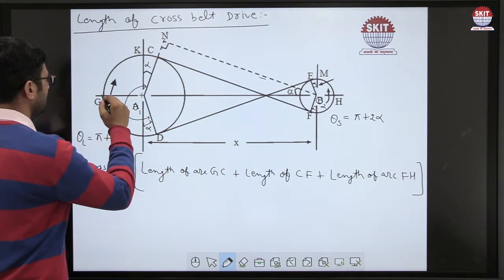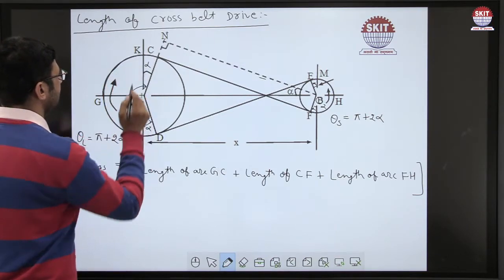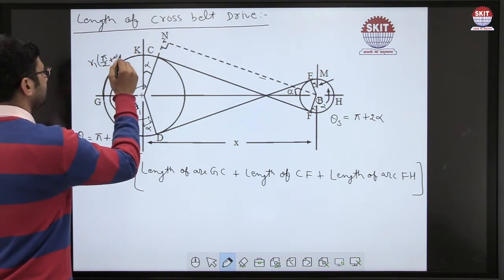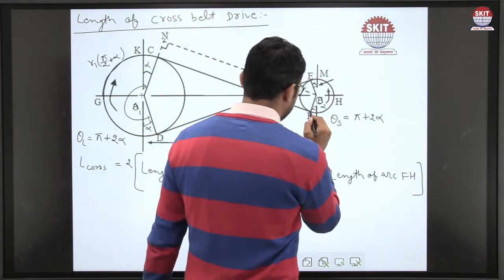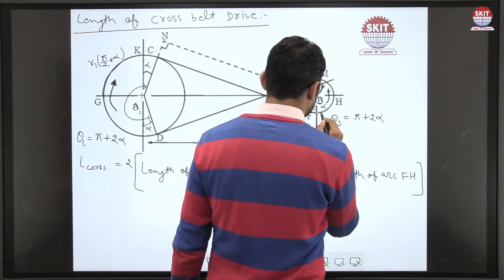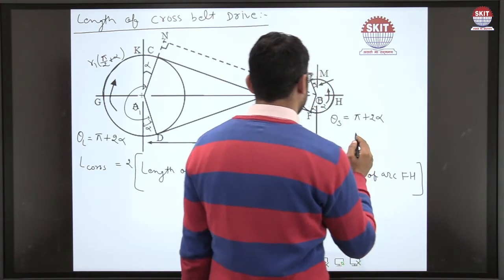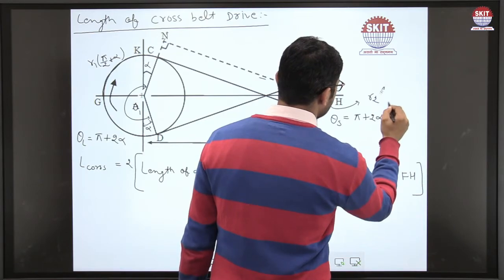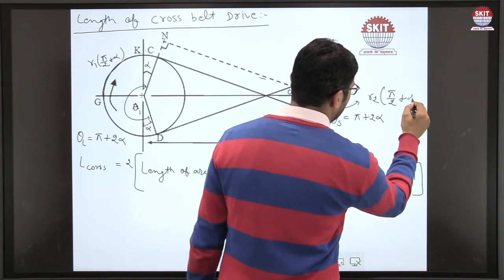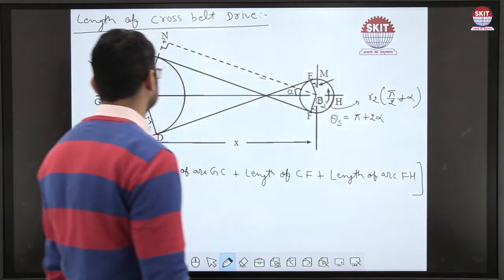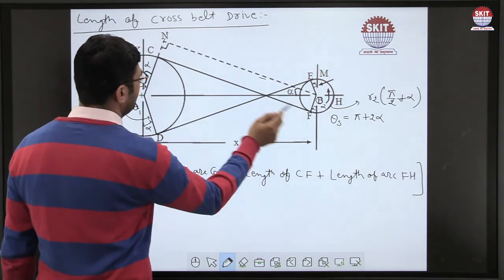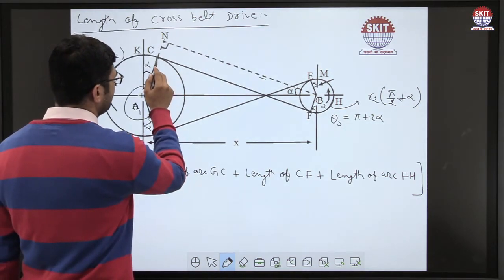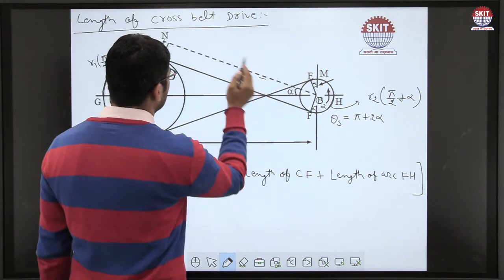The length of arc GC is R1 (pi by 2 plus alpha), and the length of the belt from point F to H is R2 (pi by 2 plus alpha), and the length of CF is found from triangle O1, O2, N, because the length CF is equal to the length of O2N.